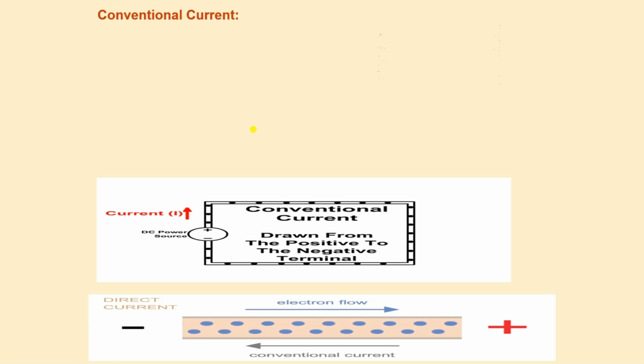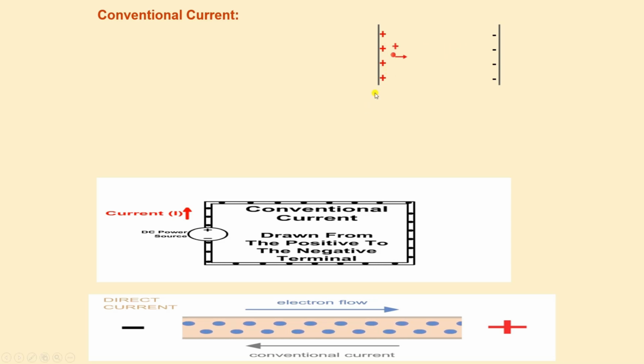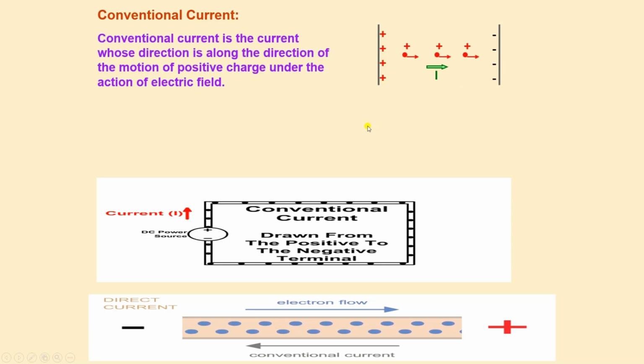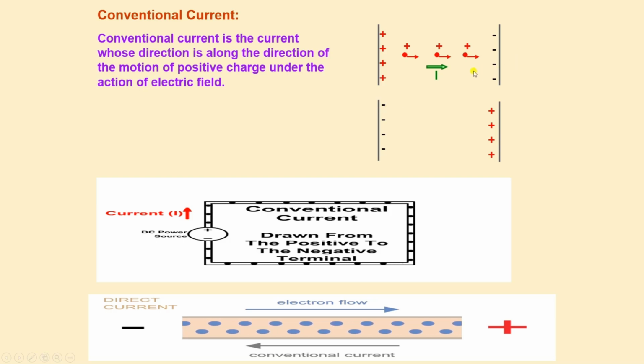Then come to the conventional current. Here the positive charge flows from the positive end to the negative end. The conventional current is the current whose direction is along the direction of motion of a positive charge under the action of an electric field. And electrons will move in the opposite direction to this positive charge.